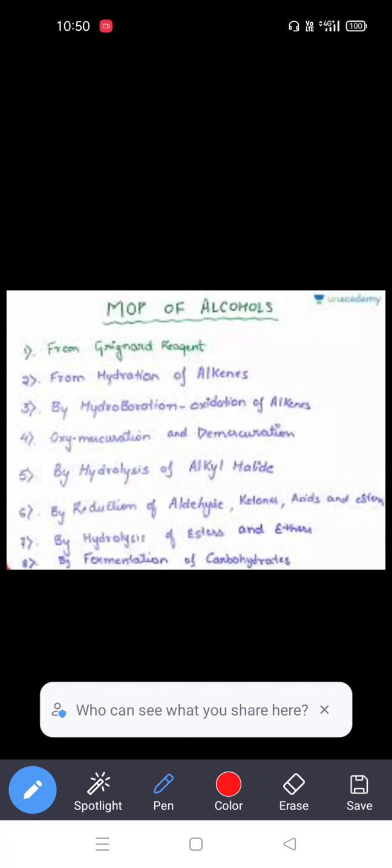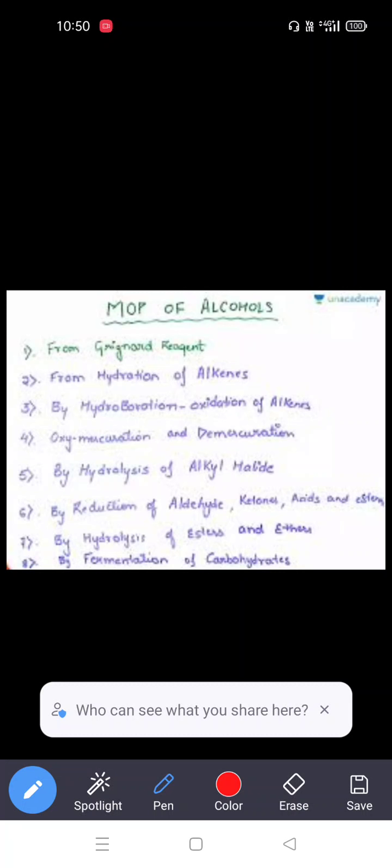These are the most important preparations of alcohols. First, from Grignard reagent, RMgX. It is one of the important reagents to prepare different types of alcohols, primary, secondary and tertiary, from carbonyl compounds. We prepare them with the help of Grignard reagent reaction with carbonyl compounds. This is also a most important reaction.